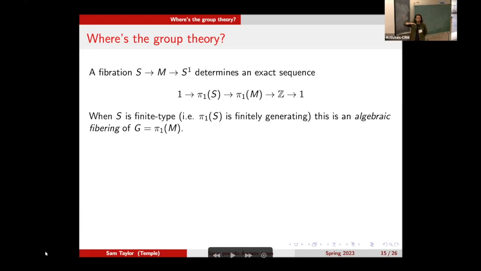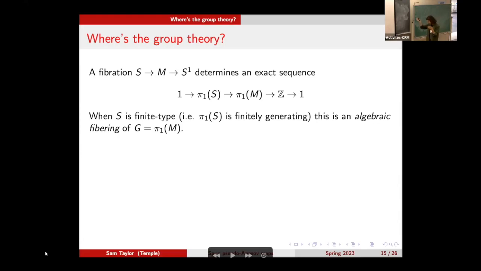So M for me is always compact. Every 3-manifold in this story is compact. So I have a map to Z, and in this case, there's of course a finitely generated kernel when S is closed. That's what it means to be an algebraic fibering, and that's a major theme of this workshop. Lots of people here are going to be discussing stories that feed into this.